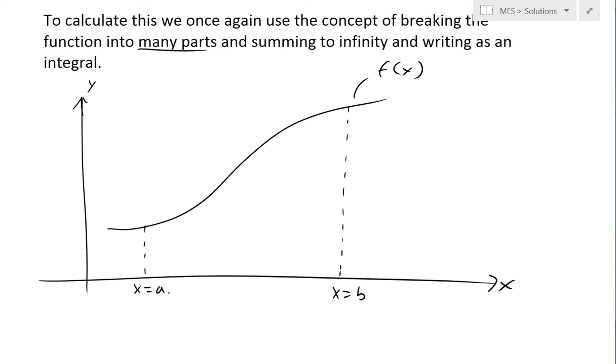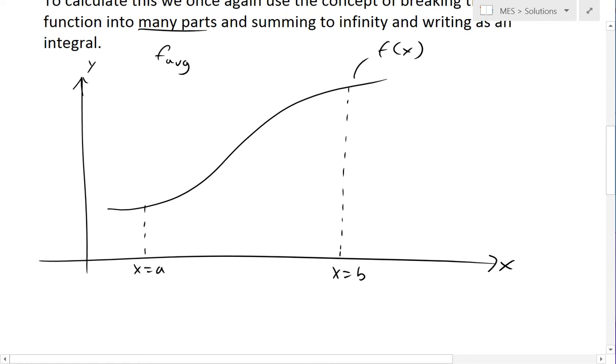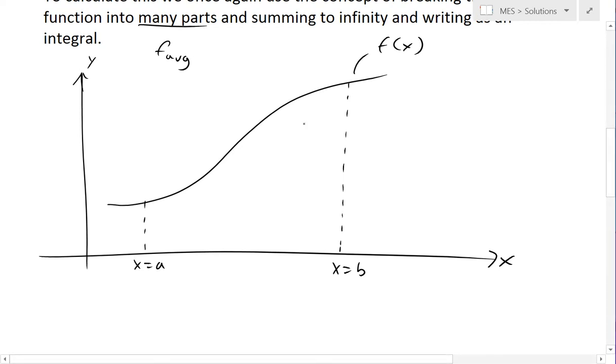Now to find the average, or f average, we will do the same thing we've been doing before. We would first estimate the average by drawing a bunch of rectangles. Let's draw one right here, and in this example we'll make it roughly in the center.